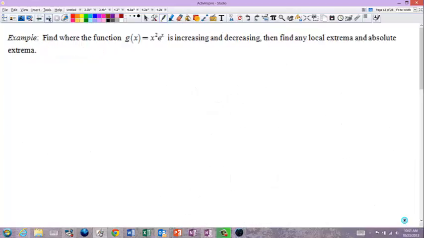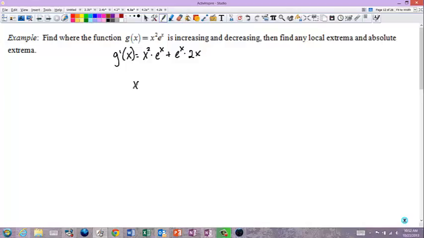Whew, that was long. Find where the function g of x equals x squared times e to the x is increasing and decreasing, then find any local extrema and absolute extrema. Again, we have a product rule. So g prime of x equals 1 d2 plus 2 d1. I've got to set this equal to 0 now.